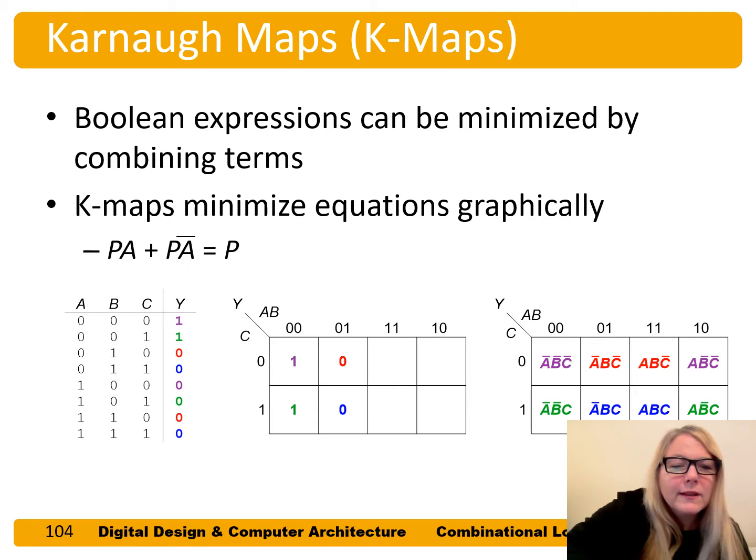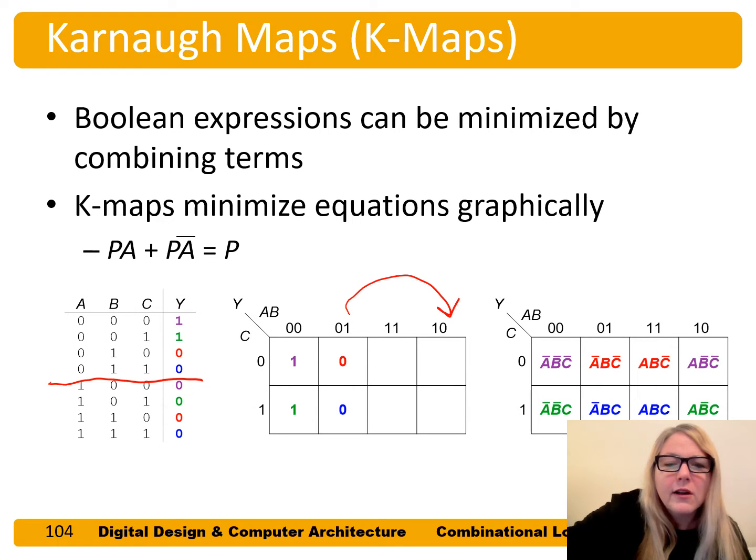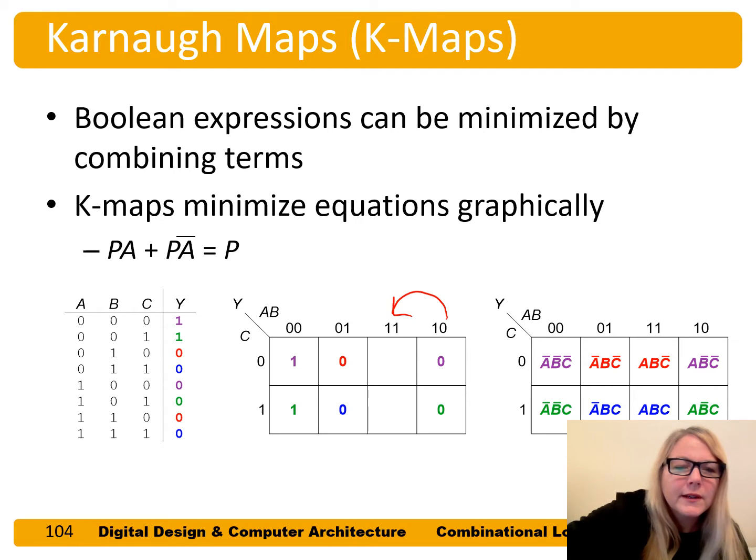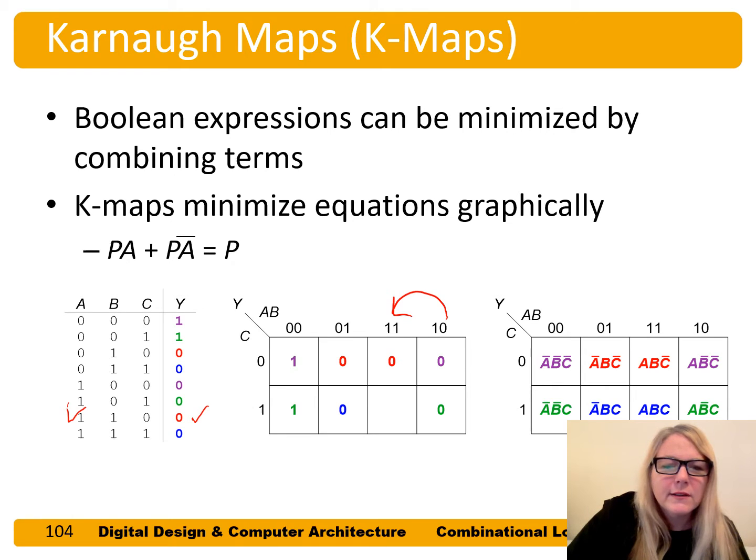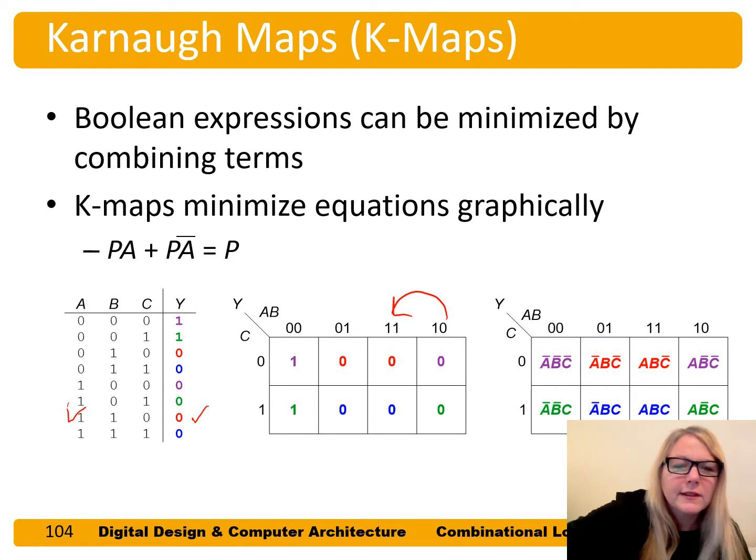And now, after we get to this point, we're going to jump over a column and go to the 1, 0 column. So we get 1, 0, 0 going into the 1, 0, 0 box. And then 1, 0, 1 goes into the 1, 0, 1 box. And now we go back over to our 1, 1 column. Okay, so now we're at this row, and we'll get our 0 and our final 0 in the bottom row.